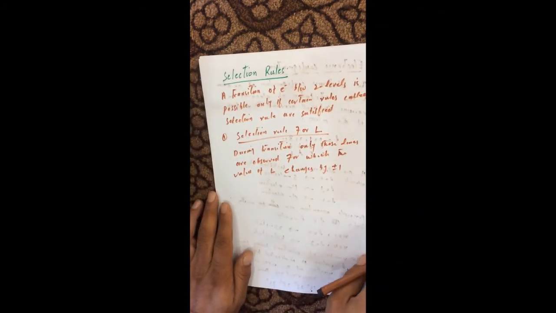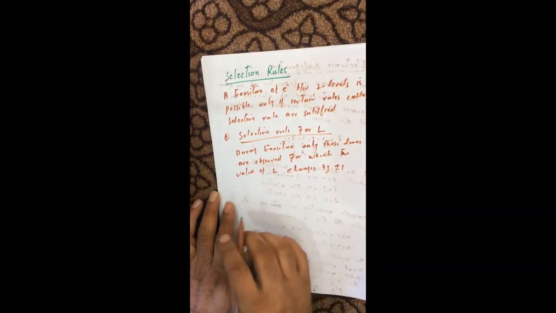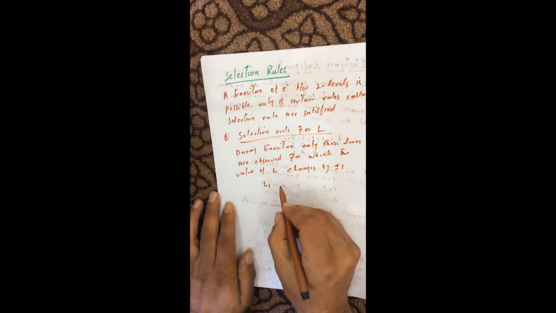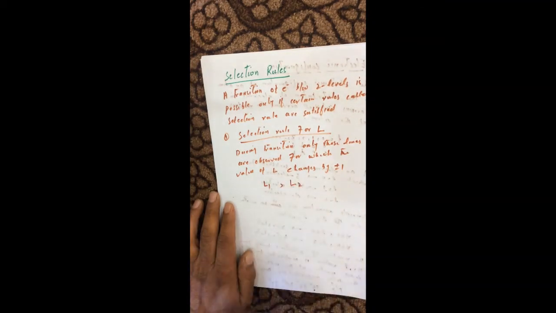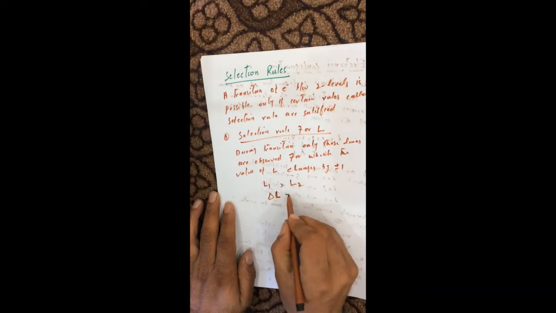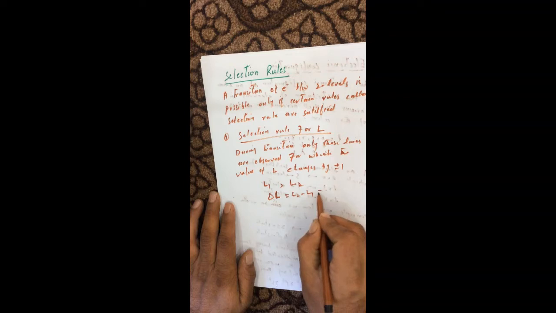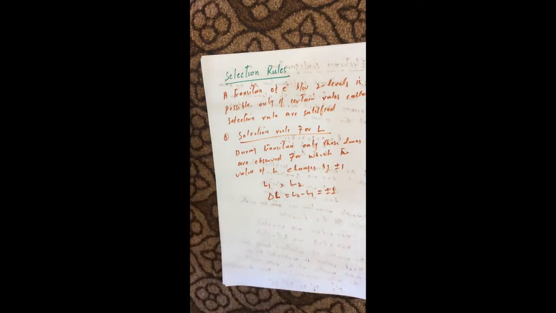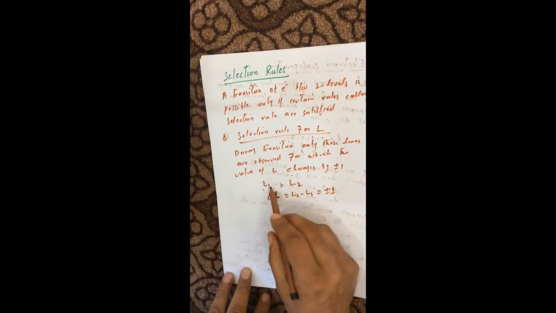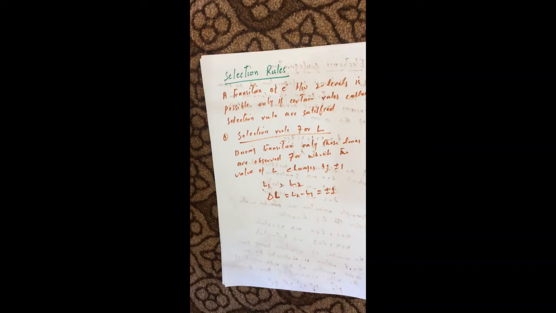If we have two energy levels, one with orbital angular momentum quantum number L1 and the other with L2, such that the change in L, delta L, which is L2 minus L1, is equal to plus minus 1, then this transition is possible. These lines are observed. So this is the first selection rule.